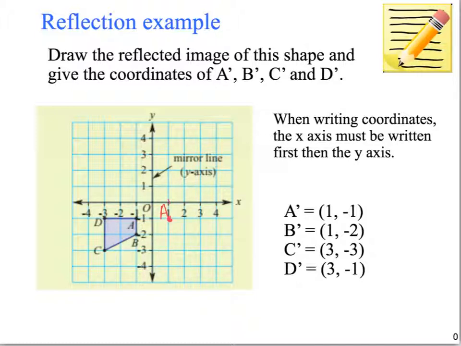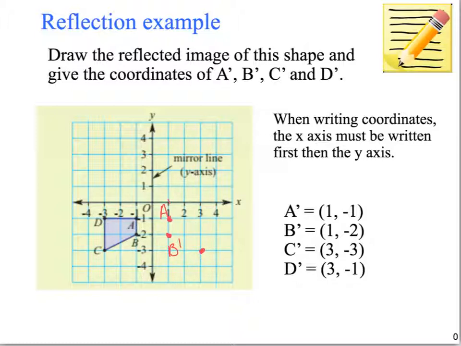Alright, now B is -1, -2, so that means it would be 1, 2. So that's B. C is -3, -3, which would mean it would be +3, -3, sorry.